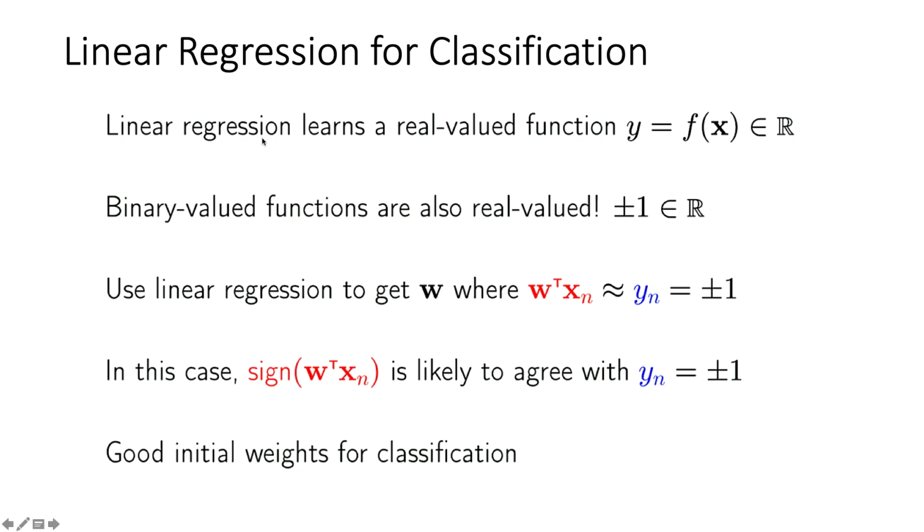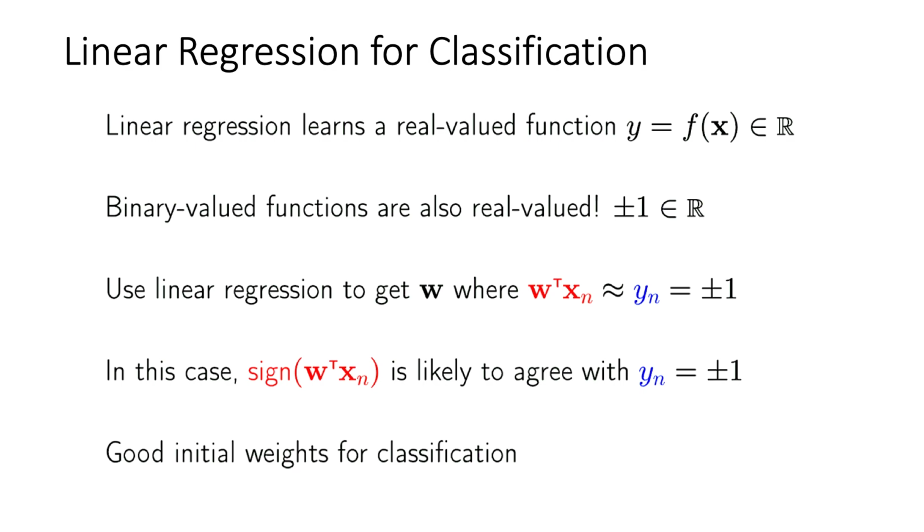So let's just wrap it up here. Linear regression learns a real valued function, right? Those were in R. So the binary values are also real valued, of course. For instance, -1 and +1 are also in R. So we can use linear regression to get a close enough estimate of your Yn's, more certainly instantly, because that matrix is pretty easy to compute in modern computers.